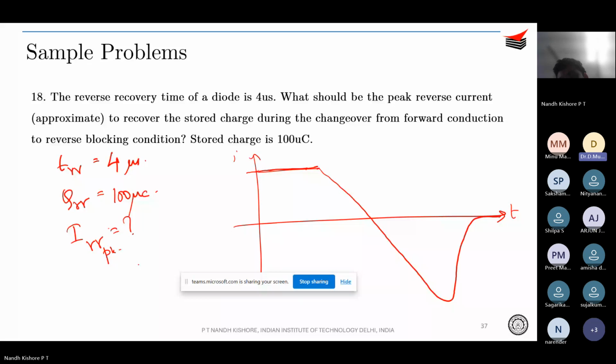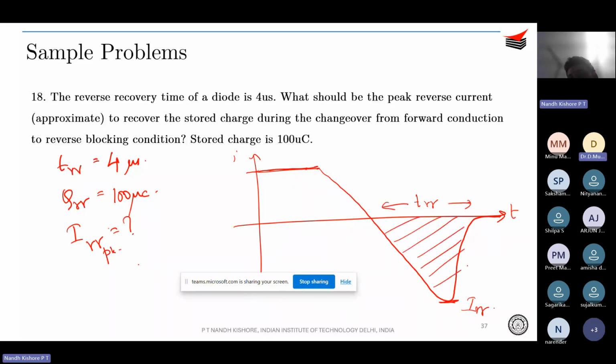Okay. This is your IRR and this is your TRR. Okay. And the stored charge over here or the area is going to be QRR. Okay. So the area is QRR. How do I tell? I into T is basically the charge, right? And that's the area over here. So this particular thing can be approximated as a triangle.